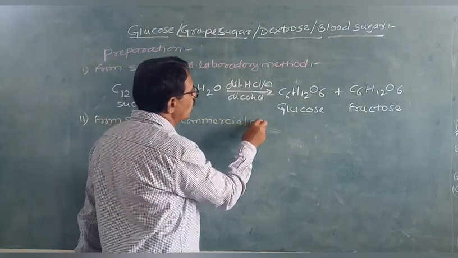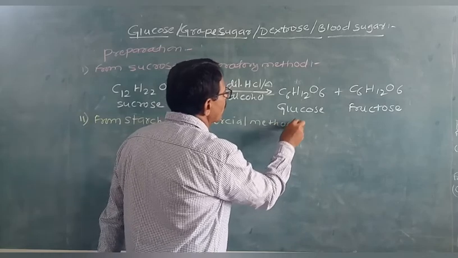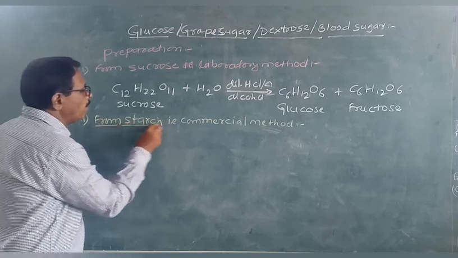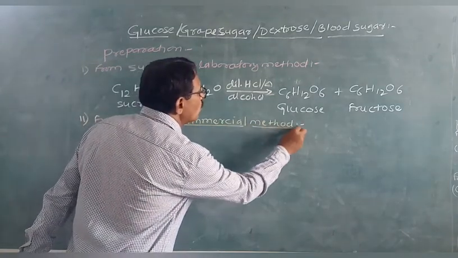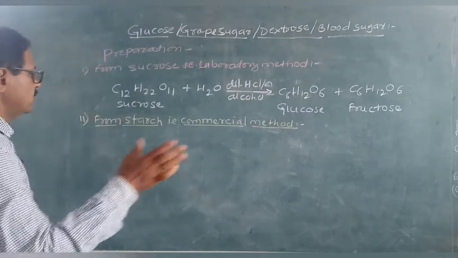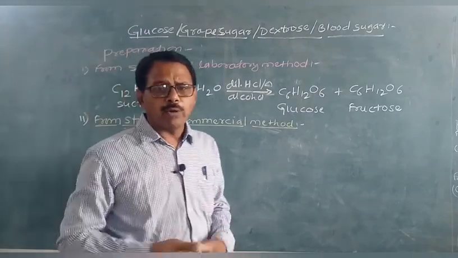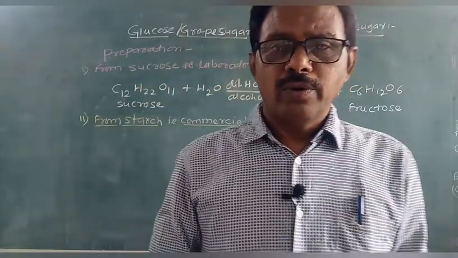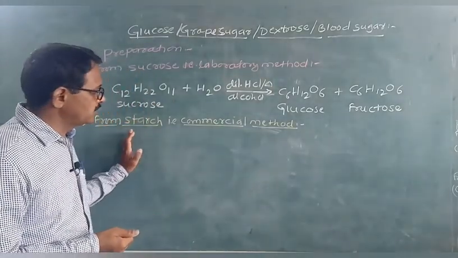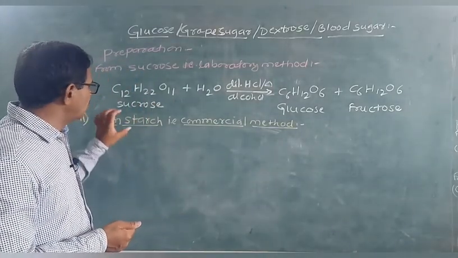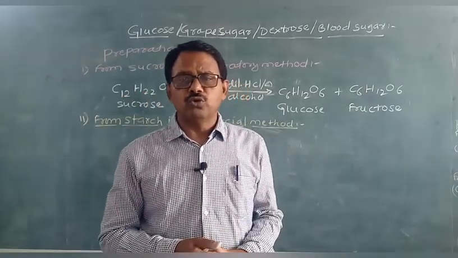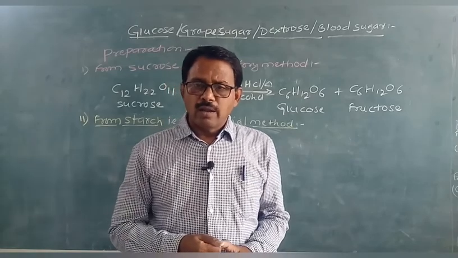In this method, we know the formula of starch. Starch is obtained from potato and beetroot, and from that starch we can manufacture glucose on a large scale.